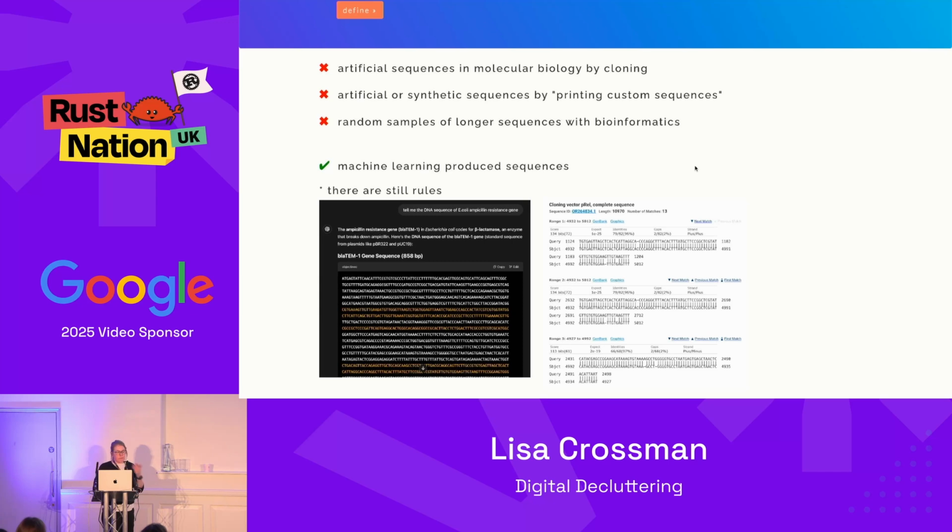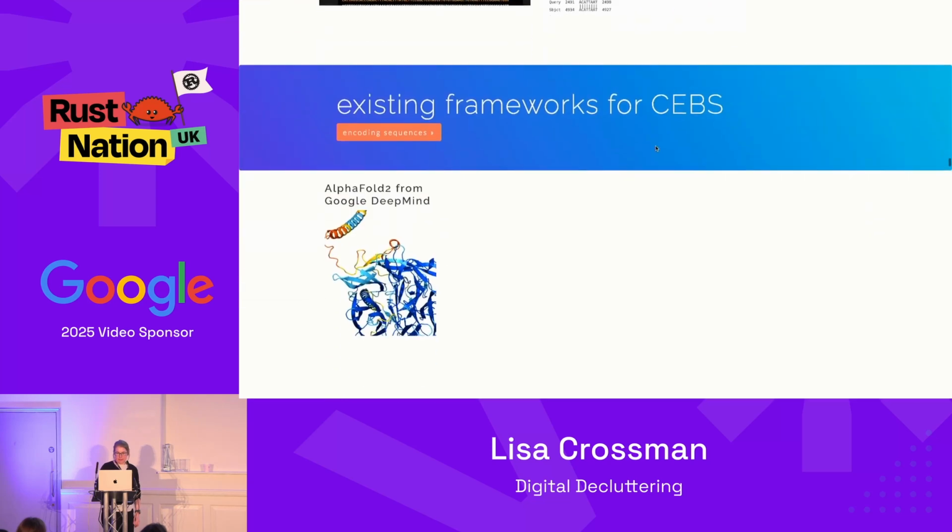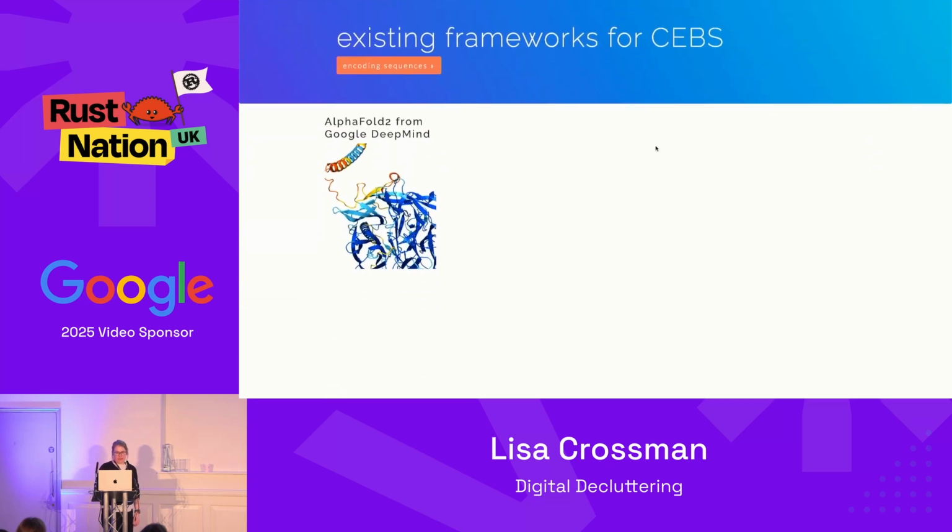And I thought, well, maybe ChatGPT can already do this, because it can do lots of other things. So I asked it to tell me a DNA sequence of an E. coli antibiotic resistance gene. It knew a bit about it, so it's done all right, but then it just made up some sequence. So yeah, it's not quite there yet.